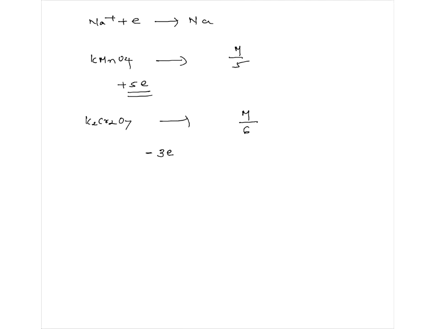Electron transfer. That's what oxidation reduction is all about. Somehow electron transfer has to take place. So when electron transfer takes place, then we have got redox reactions.